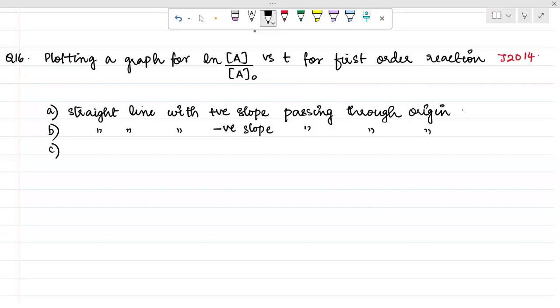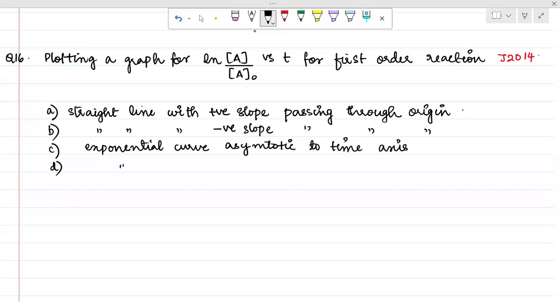Option C, exponential curve asymptotic to time axis. Option D, exponential curve asymptotic to ln of A by A naught.